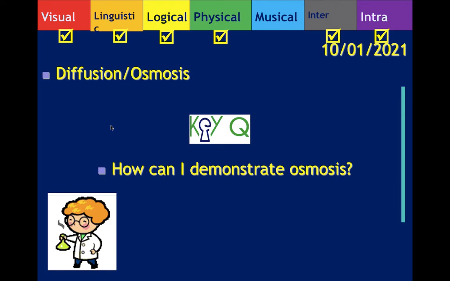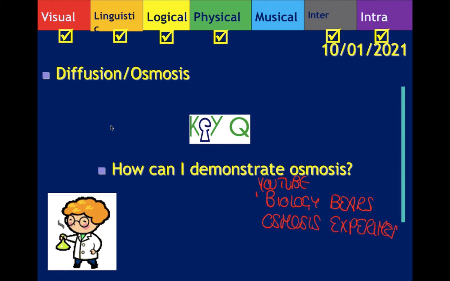So I'd like you to pause now, have a look at that QR code. If you have no way of looking at a QR code, then in Google or whatever browser you use, you go into YouTube and you search for biology bugbears osmosis experiment, and it will come up. So go and do that now.